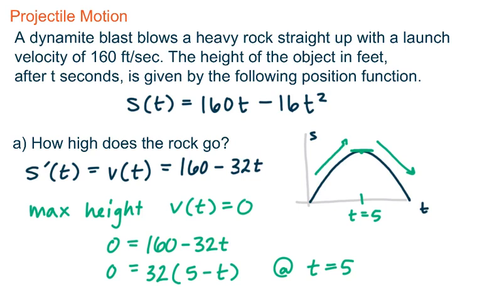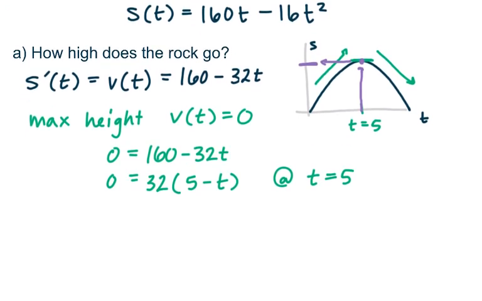This says how high does the rock go. So that maximum height is going to be some value over here on my y-axis. And in order to find that, I'm going to take t equals 5 and plug it into my function. So S of 5 is 160 times 5 minus 16 times 5 squared.